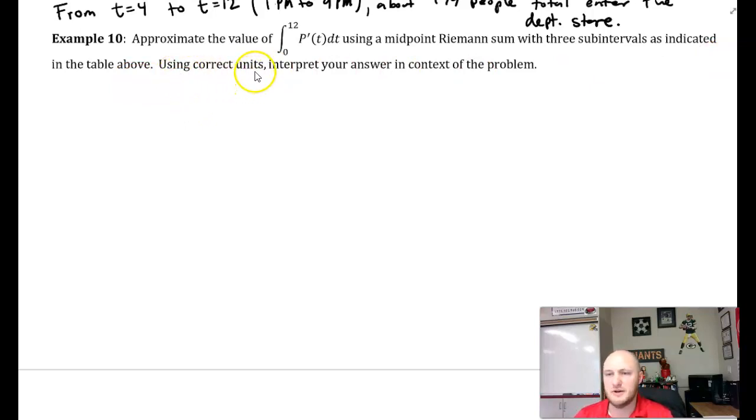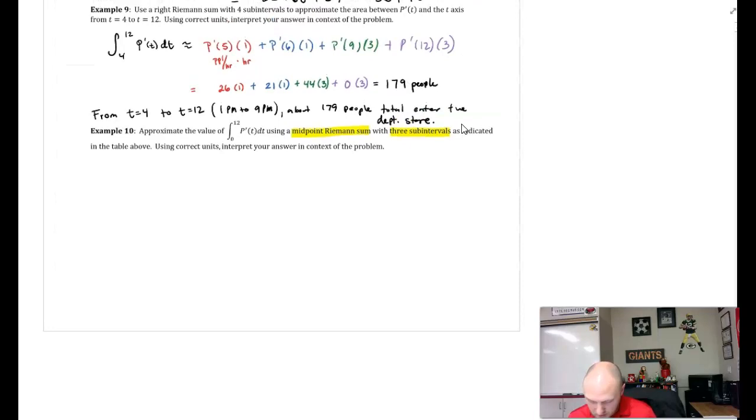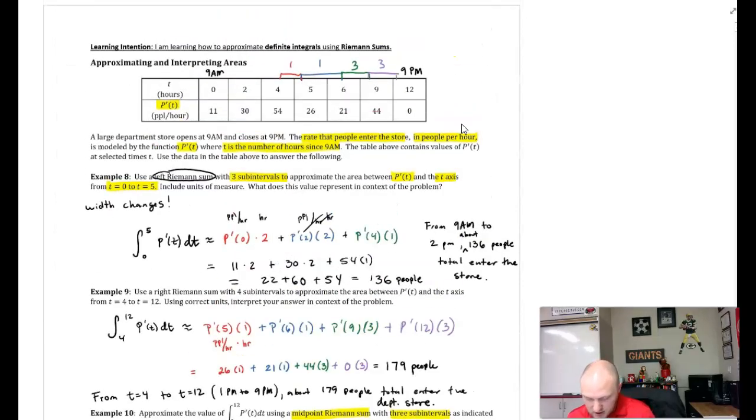Using the correct units, interpret your answers in the context of the problem. So the first thing that they throw at us is they want a midpoint Riemann sum. So we're going to have to take the midpoint, and then they say 3 subintervals from 0 to 12 as indicated in the table above.